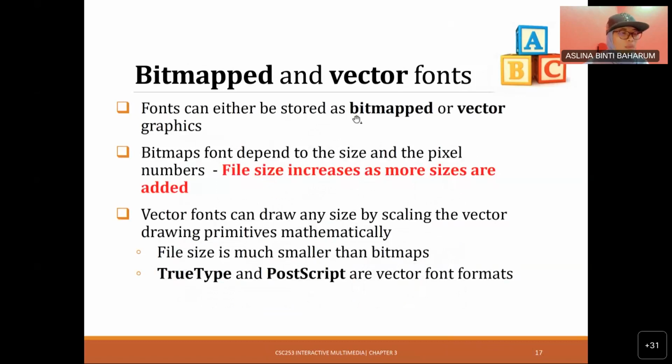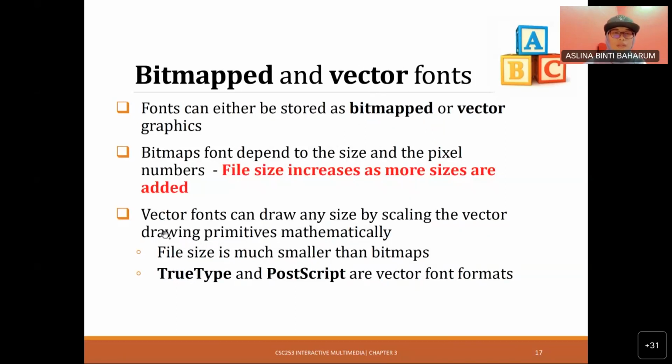Okay. Bitmap and vector. Okay, normally when we create text, we use a vector. Okay, font can either be stored as bitmap. Bitmap is more compact. And vector is raw data, raw text.